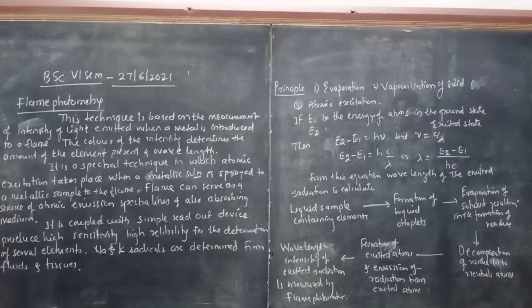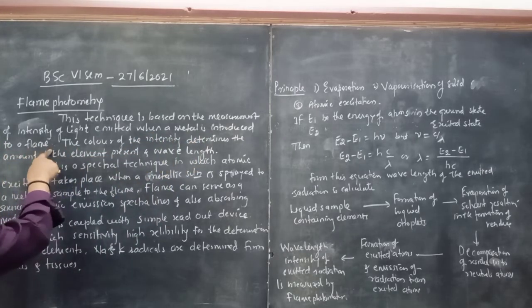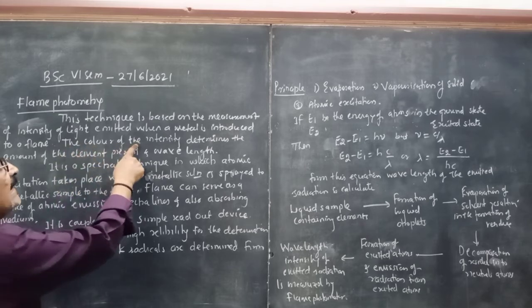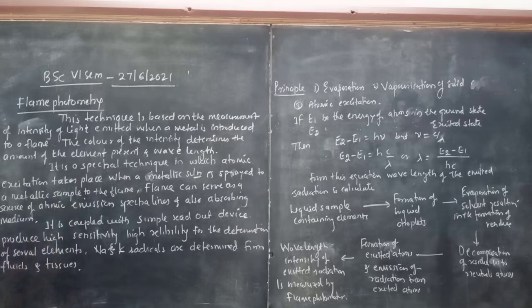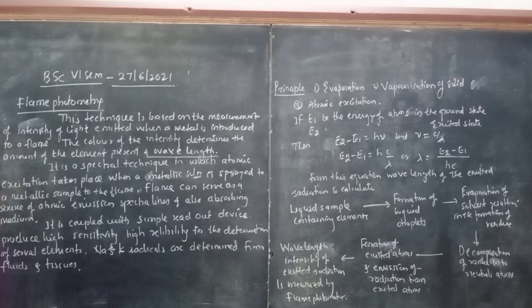In this technique, when a metal is introduced to the flame, color is imparted, and the intensity of the color determines the amount of the element present, and also the wavelength. The most important is the wavelength, and depending upon the wavelength, it imparts the specific color.